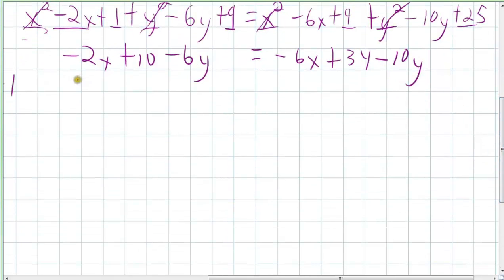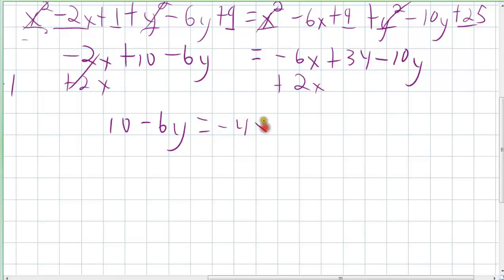Let's keep going, I'm going to say plus 2x on both sides. Here we're going to have 10 minus 6y is equal to negative 4x plus 34 minus 10y.